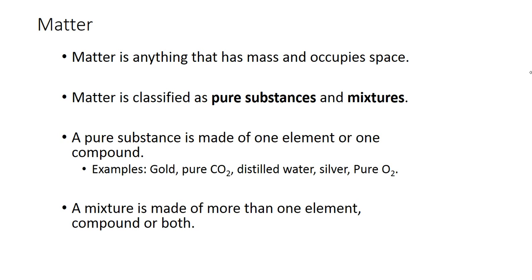A mixture is made of more than one element, one compound or both. So in a mixture, we can have two elements. We can have an element and a compound. We can have two compounds or more than two compounds. Examples of mixtures are milk, air, salt solution, sand, and rocks.